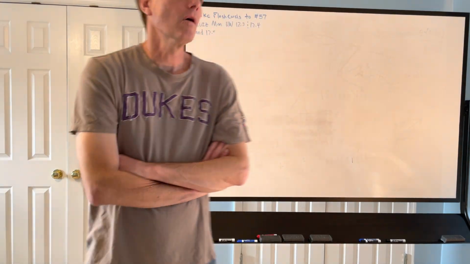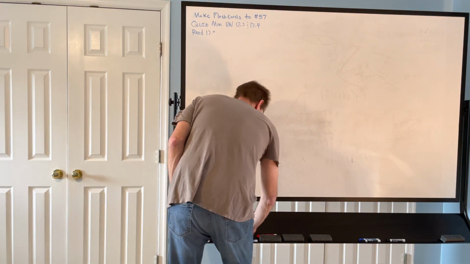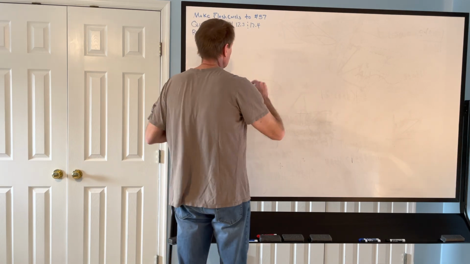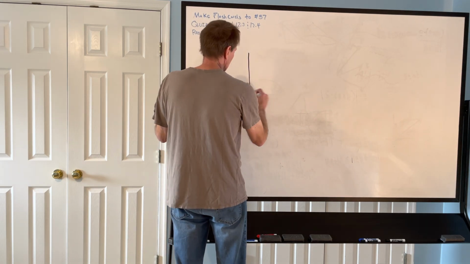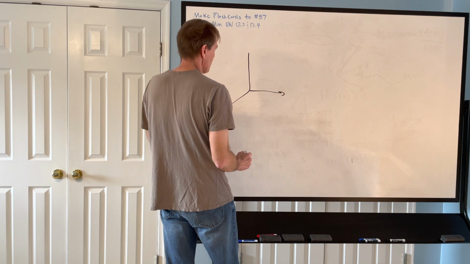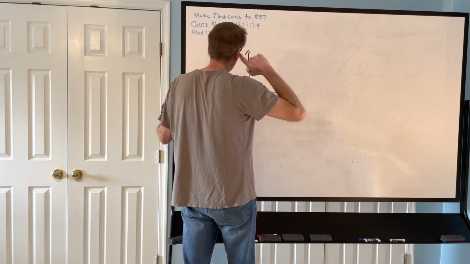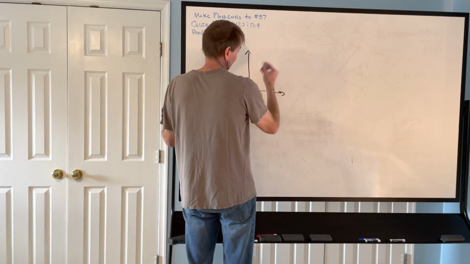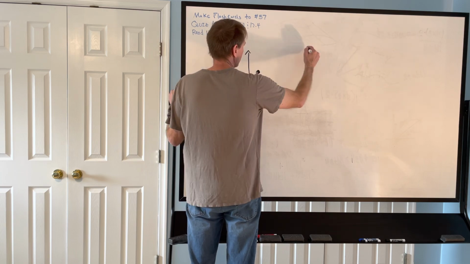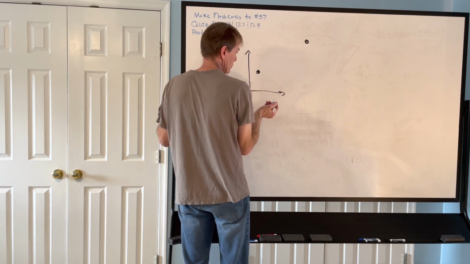Now I'm going to do the same thing. I'm going to catch up with this. So I'm going to give myself a nice healthy xyz, and then two points here in three-dimensional space.